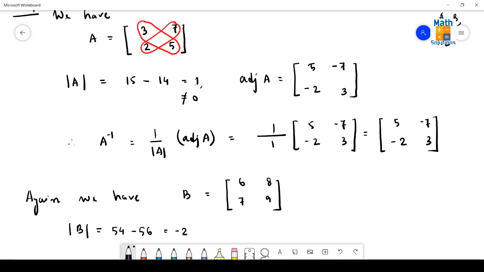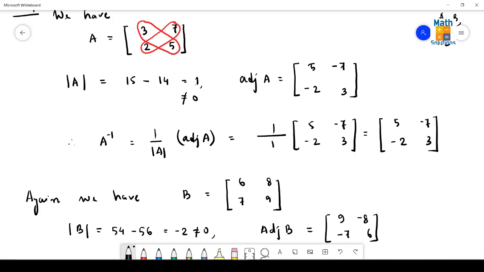So this is again not equal to 0. At the same time let us find the adjoint of B. Like the previous part, these elements have to be interchanged, like 9 and 6, and for the remaining elements there will be a sign change. So this is the adjoint of B.